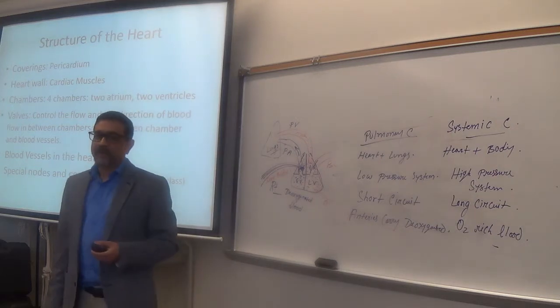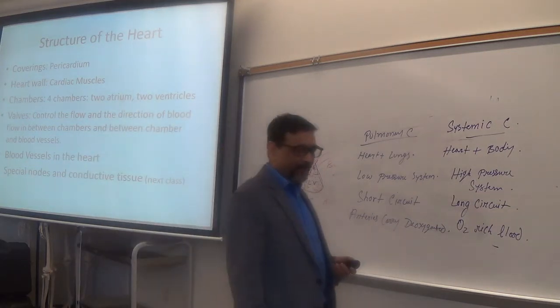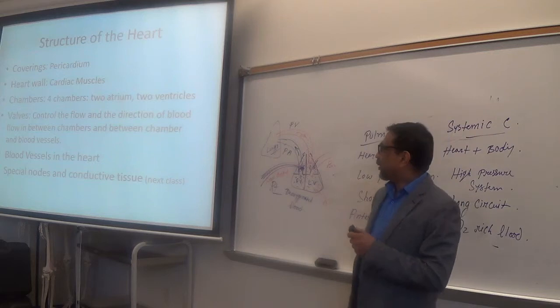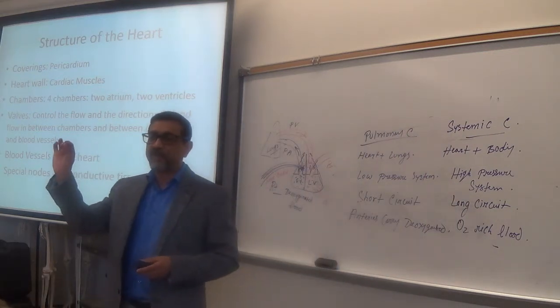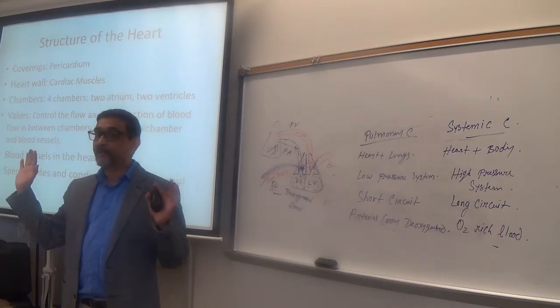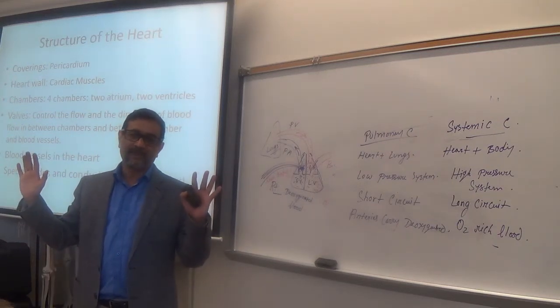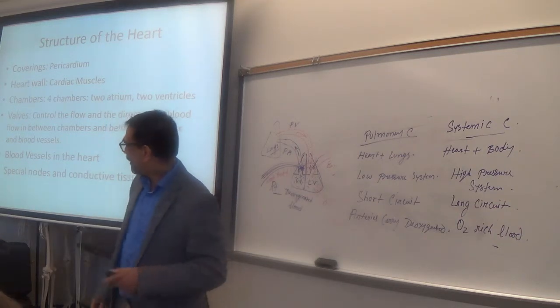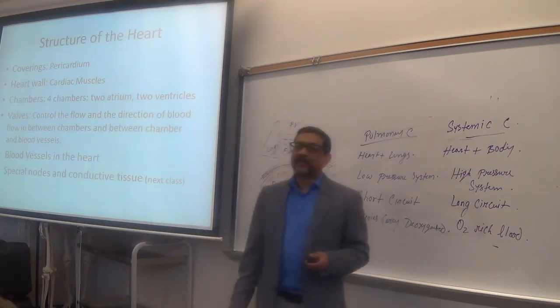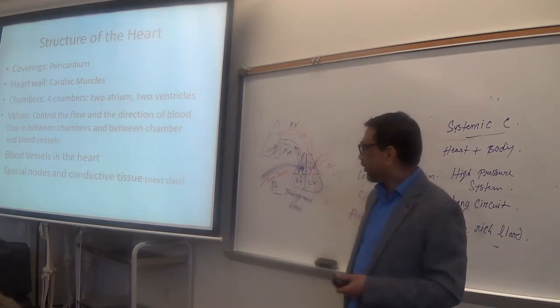The covering of the heart is called the pericardium. I have already mentioned it. The wall has cardiac muscle, a highly specialized type of muscle only present in the heart. Cardiac muscle is only present where? In the wall of the heart. Make sense? No other structure. Inside the heart, you have 4 chambers. You already know.